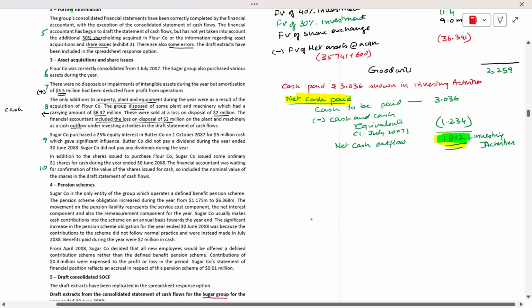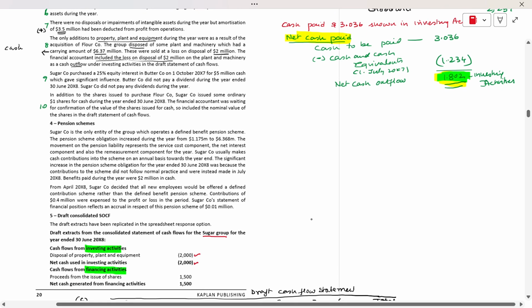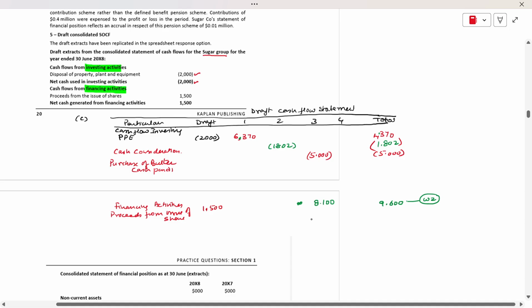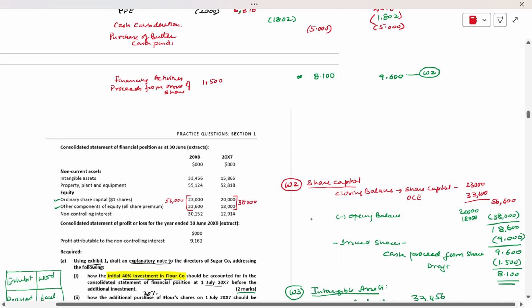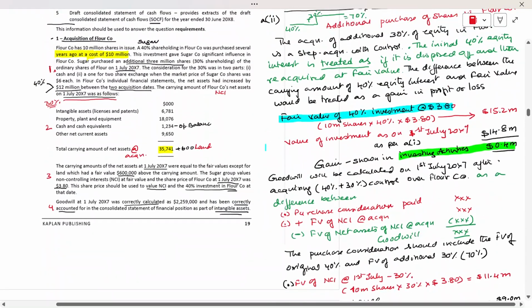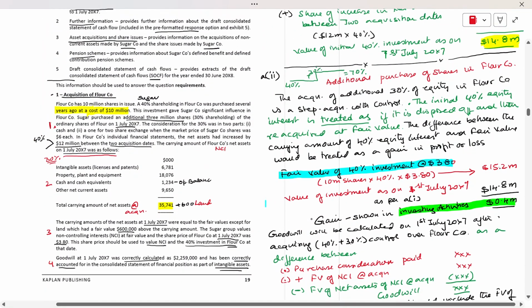Slowly check. Check one by one. See, here intangible assets is there. Point number 2. How much is the intangible assets?